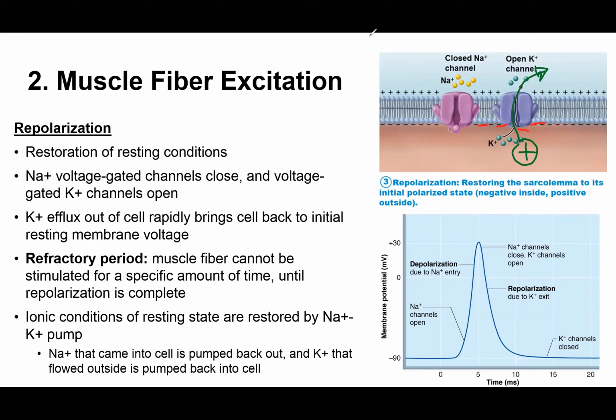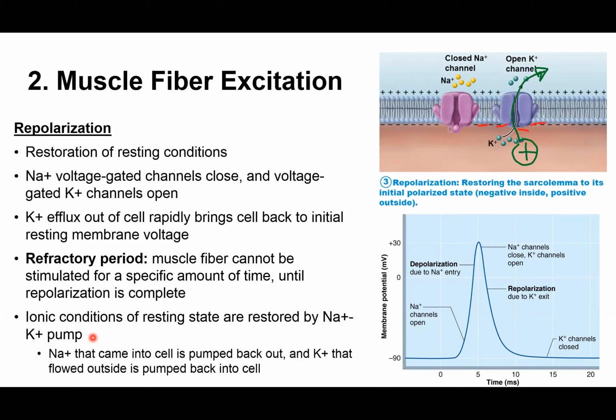In talking about this, it's also important to understand that there's what's called a refractory period. The refractory period occurs when the muscle fiber can't be stimulated for a specific amount of time until it gets back to its normal state. And these normal resting state conditions are restored by the sodium potassium pump, or sodium potassium ATPase, which we talked about back in the cells lecture.